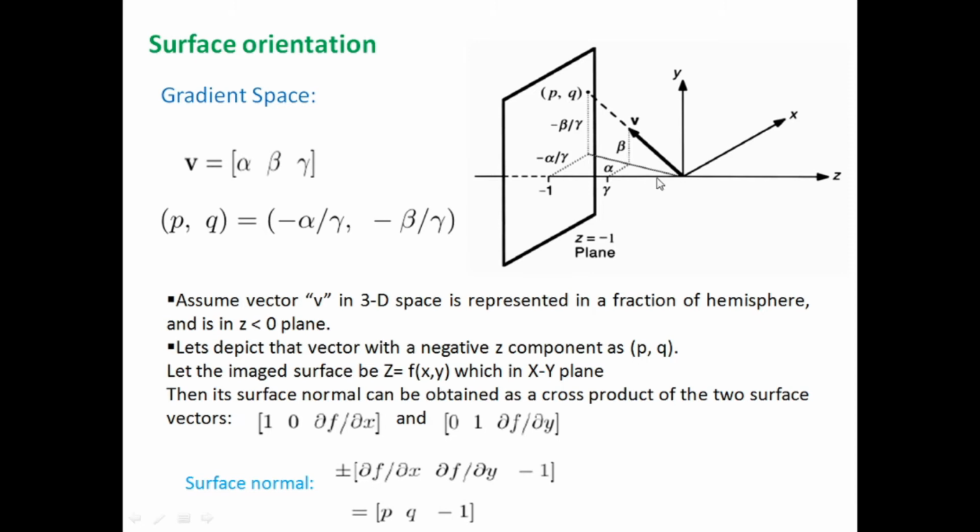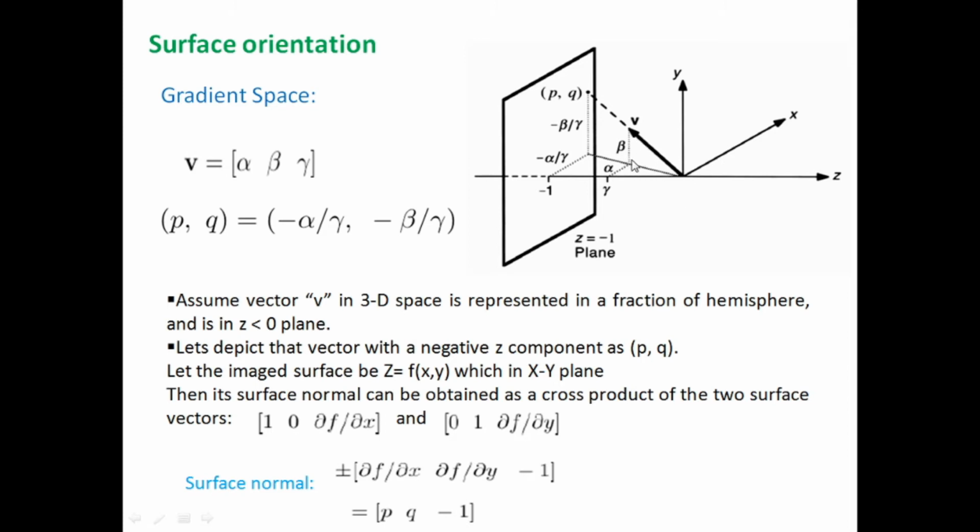So actually I need to figure it out like this: if I take this as my origin, the point V is moved gamma units away from the z-axis, alpha units away from the x-axis, and beta units away from the y-axis.